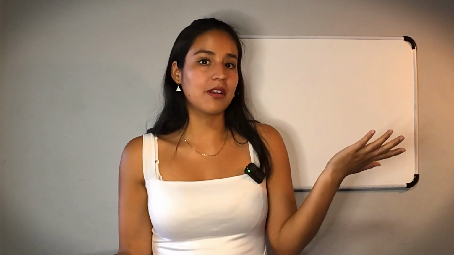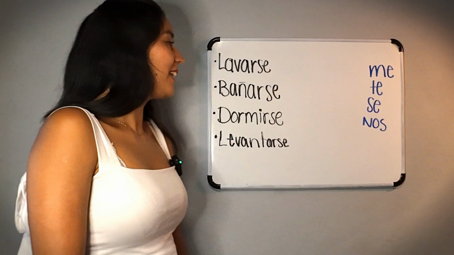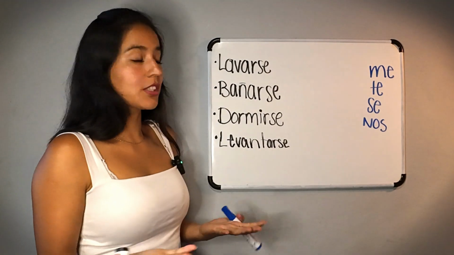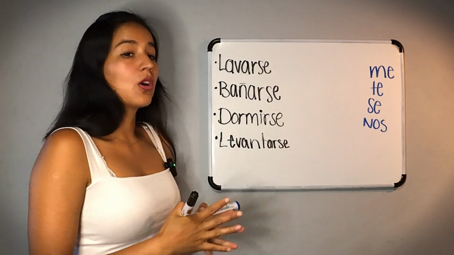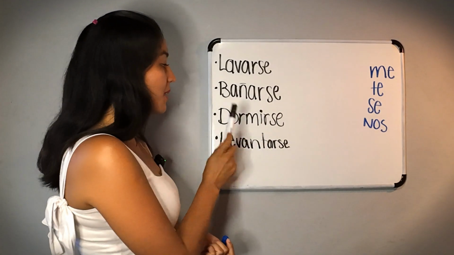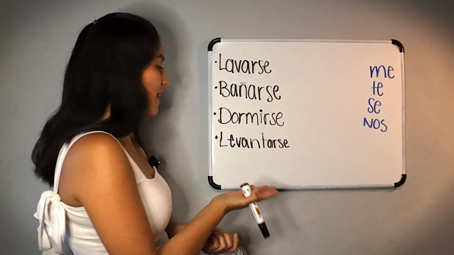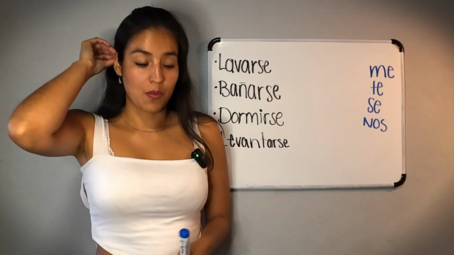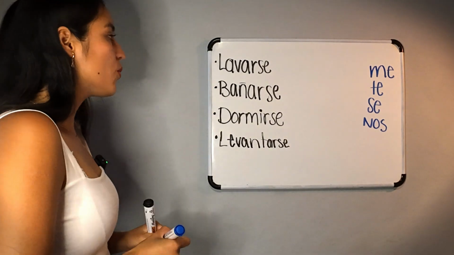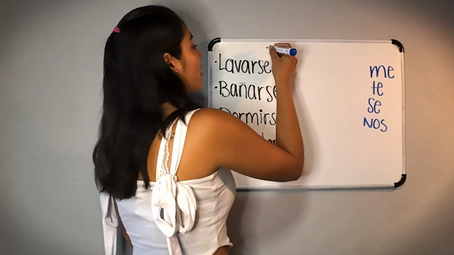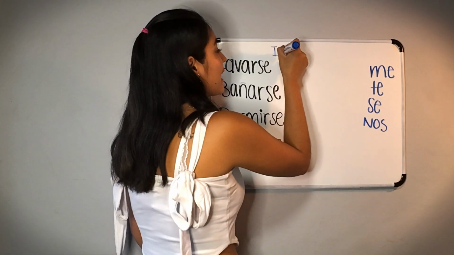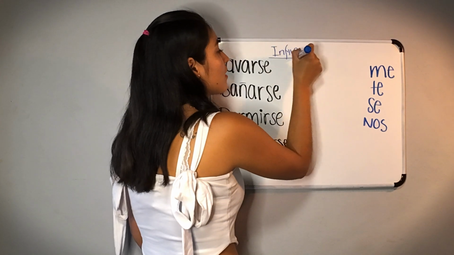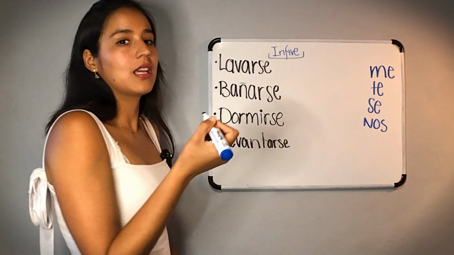And yeah, that's it. We're gonna start with personal care. Here we have four verbs. Lavarse, to wash. Bañarse, to shower. Dormirse, to sleep. And levantarse, to wake up. And if you want to know how to recognize a reflexive verb in the infinitive form, it's actually really easy.